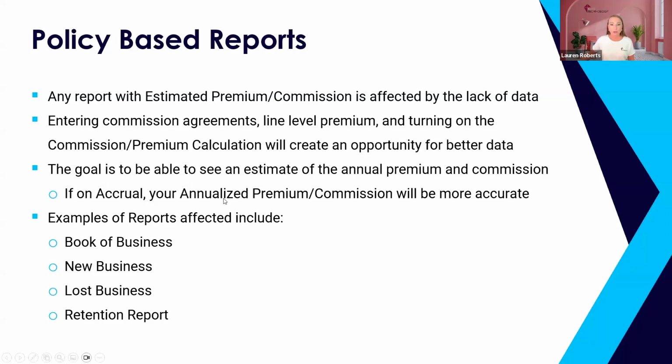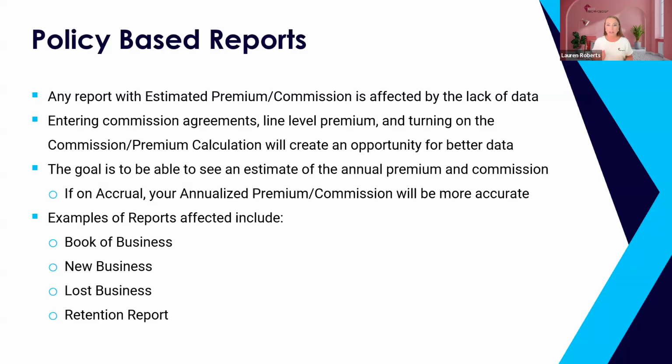Some of the other reports that you're going to see this information on are things like your retention report, lost business, new business. Again, if you run a lost business report and let's say a policy canceled midterm, your billed premium and commission is not going to show that full amount, right? Because they've only been halfway through the term and they're on installments.